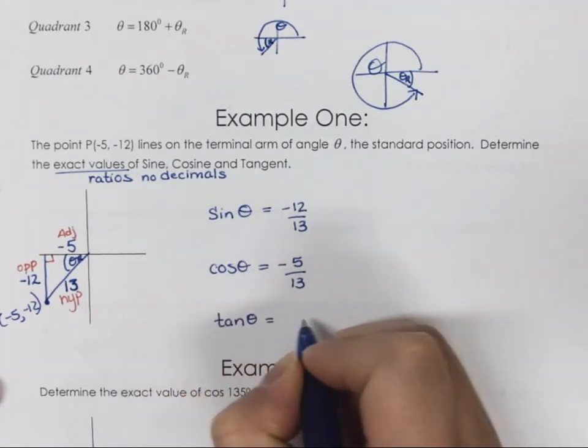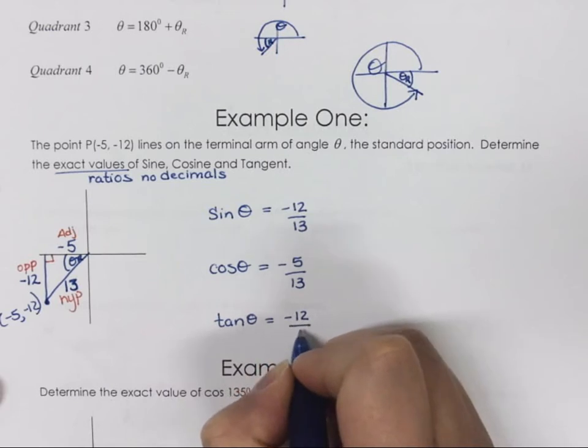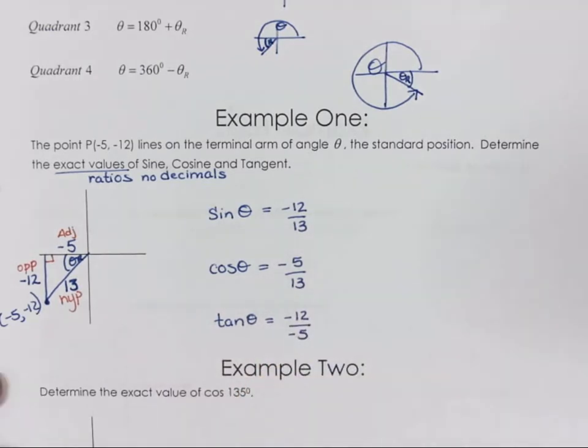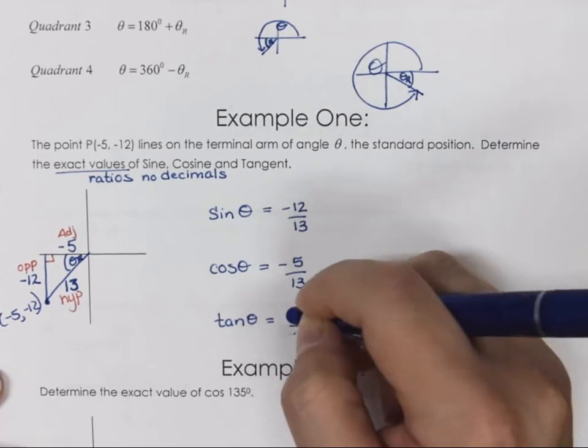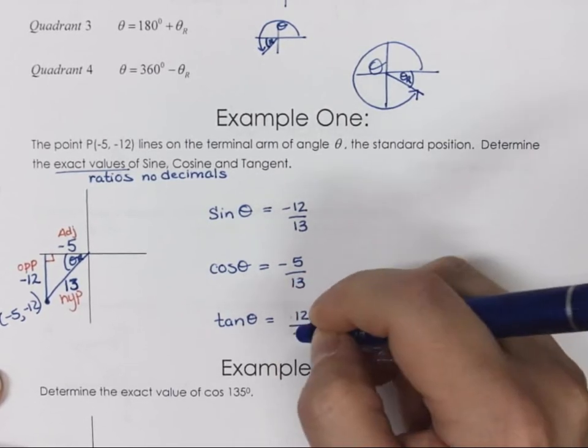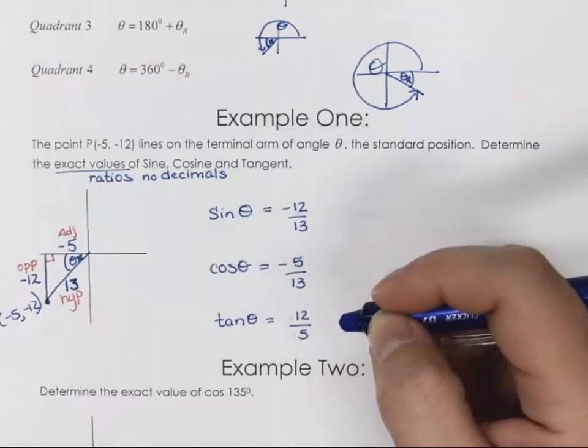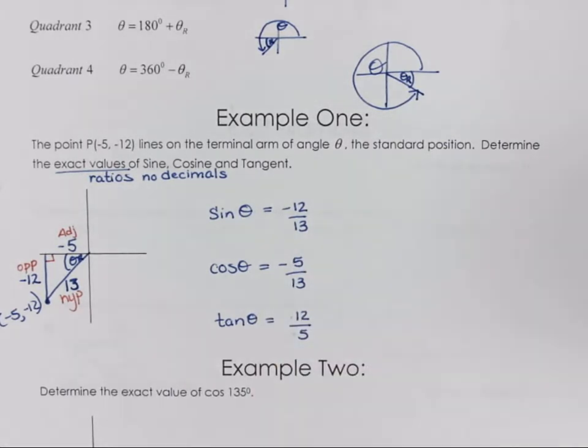Tan is going to be 12 over 5. And then I'm going to get rid of those negatives. Make sure they're clearly erased. Some of you aren't great at erasing everything and I get confused. You could just rewrite it. That would be my preference.